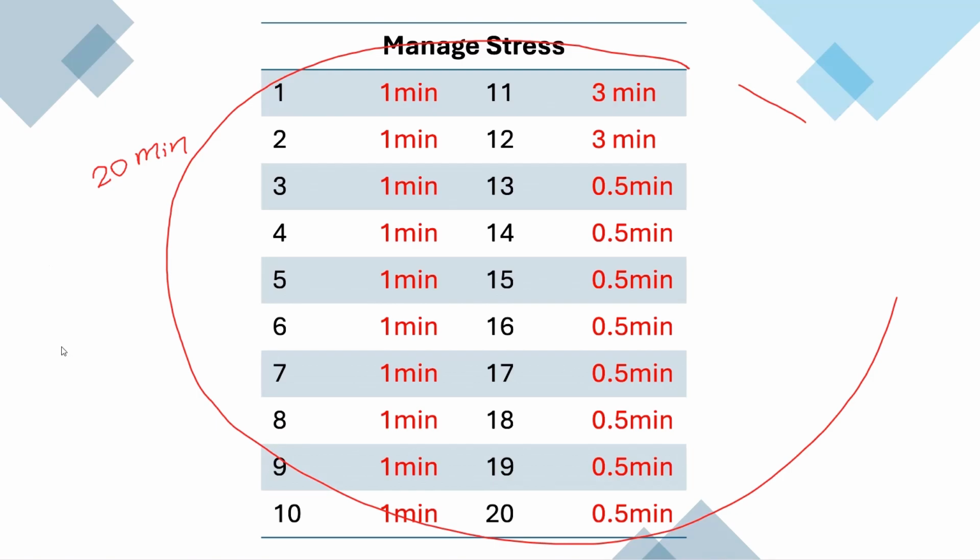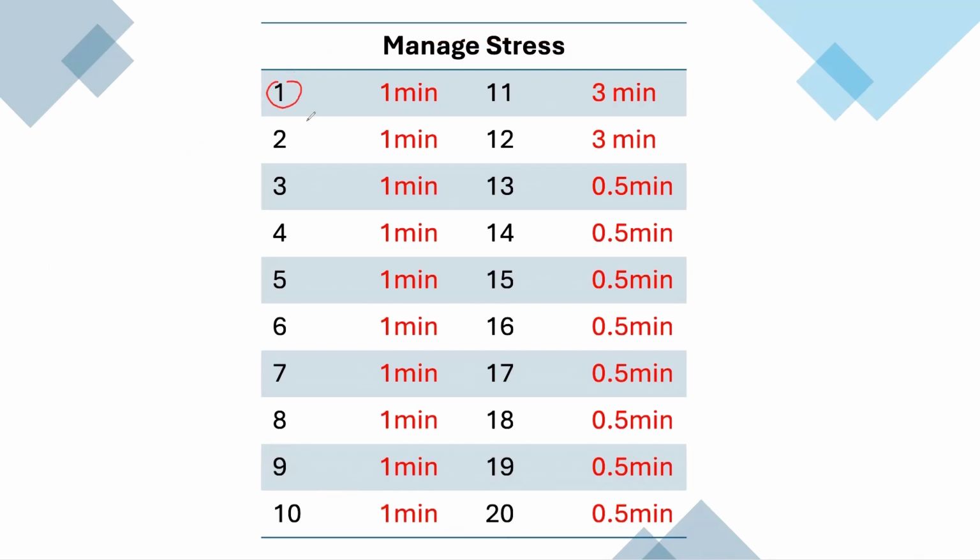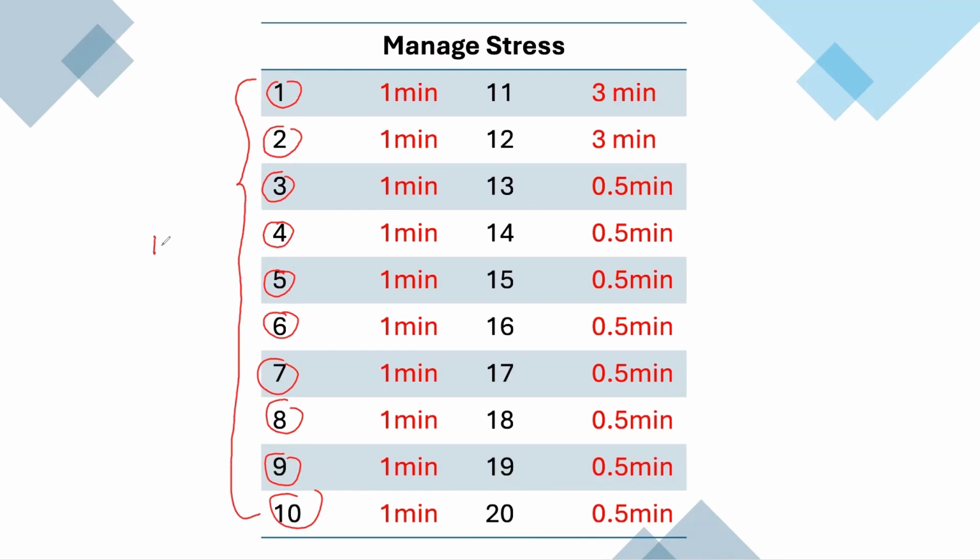For an example, first question you can do with 1 minute. Second question, third, they'll give you general type questions. So if you do them in an order, yes, at the end of 10 minutes, you have finished the first 10 MCQs. Now 10 minutes is gone.